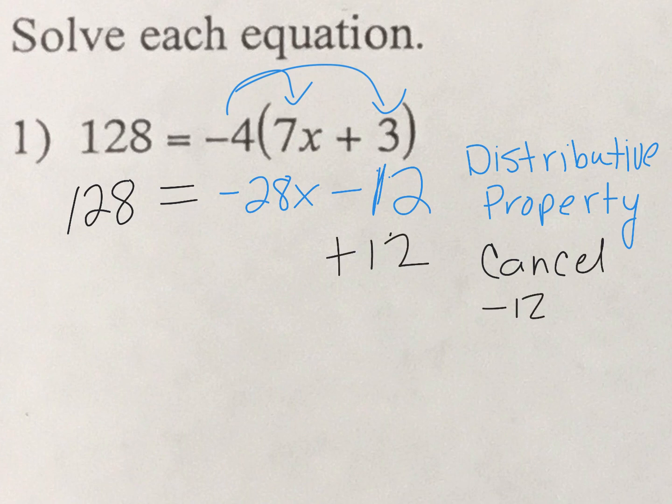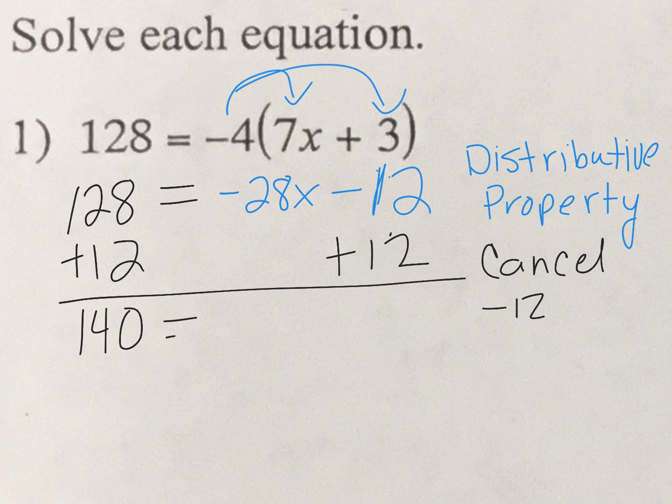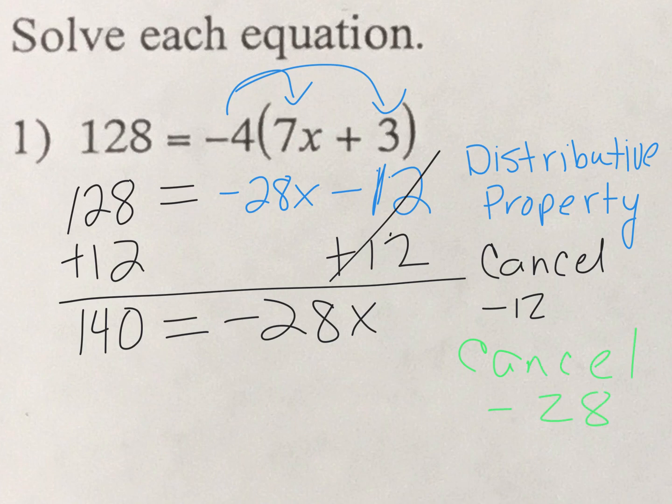I'm going to do that with a +12, and I have to do it on both sides of the equal sign. So that's going to leave me with 140 is equal to, those canceled, -28x. And so the last thing I need to do is cancel the -28.